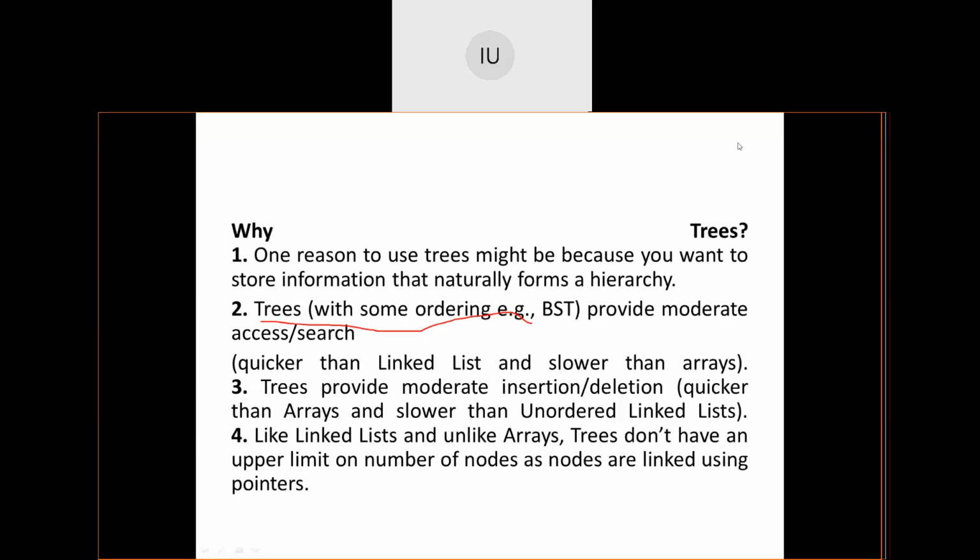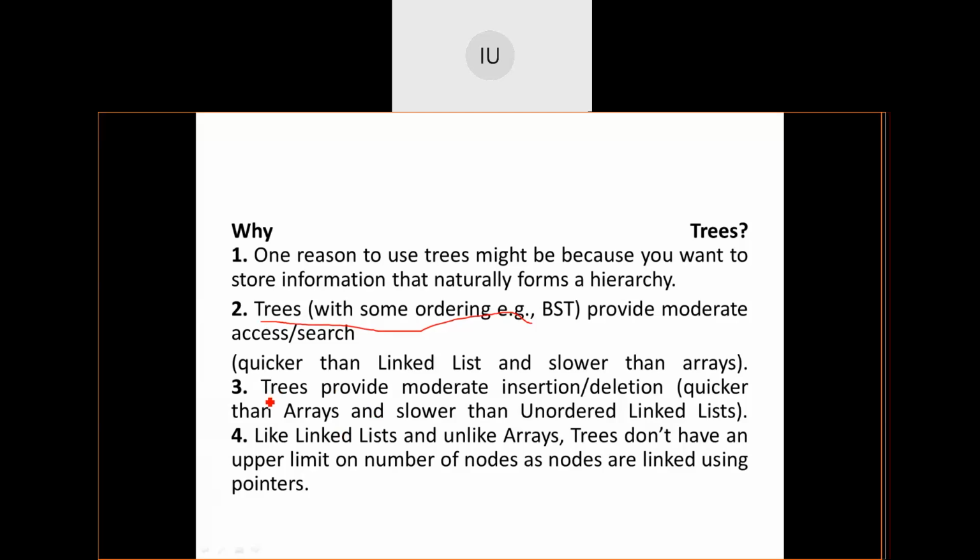If there is a fixed number of elements always, then arrays are the most preferred data structure. Otherwise, if there is growing and shrinking of the data elements, then I'll go for either a linked list or trees. So if I arrange the elements in an ordered manner, searching becomes much easier. With that reason, trees are introduced.